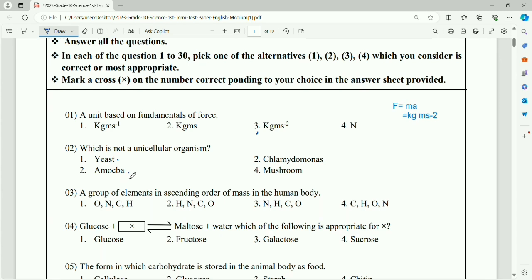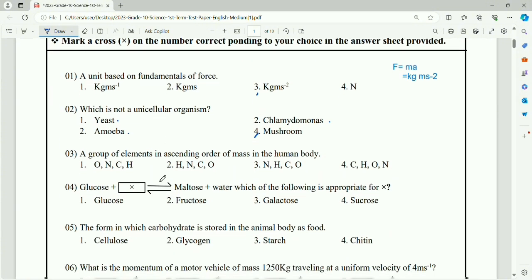Amoeba is a protozoa, a unicellular organism. Chlamydomonas is algae, a unicellular organism. Mushroom is a fungus and a multicellular part, the reproductive part of the fungi. So the answer is mushroom, a multicellular organism.